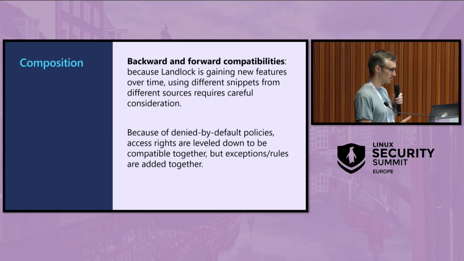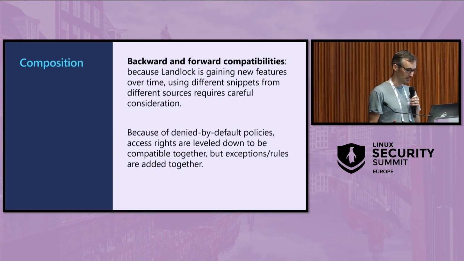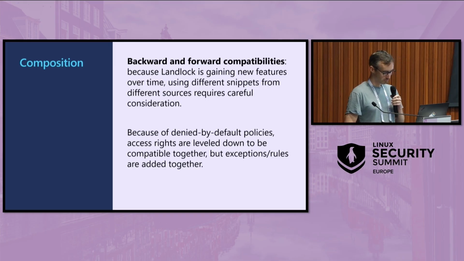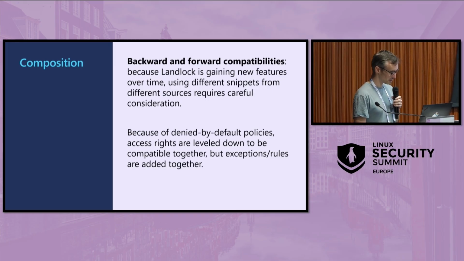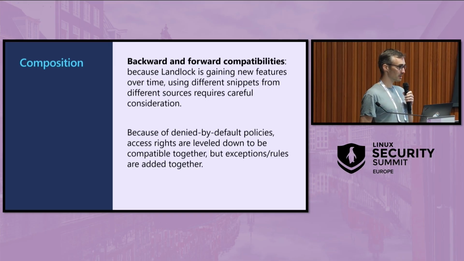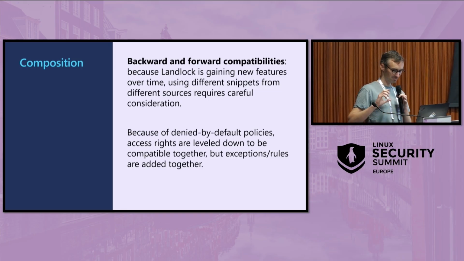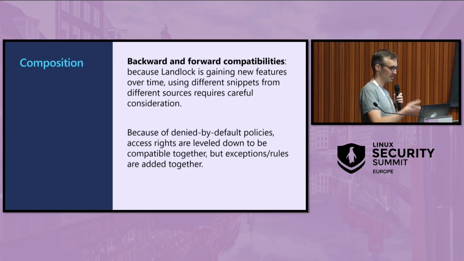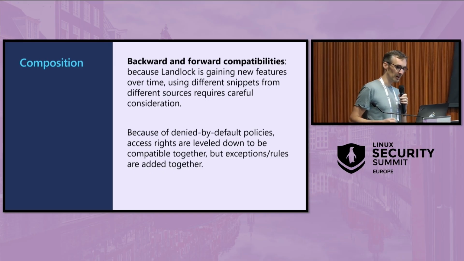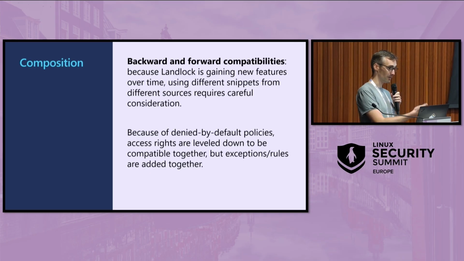So as I said, there is backward and forward compatibility, and we need to be careful about that. And another thing to keep in mind is that by default, it might not be simple when you read it, but you need to define a set of handled access rights, which are denied by default.